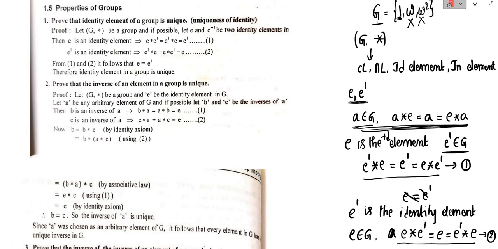Observe E dash star E and E star E dash: this quantity equals this one equals this. So we can easily say that E equals E dash. Therefore, there exists only one identity element in a group G.